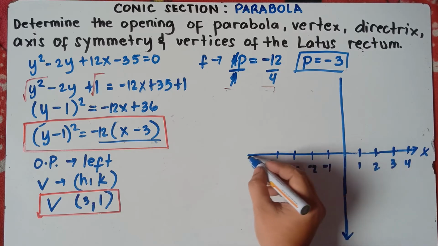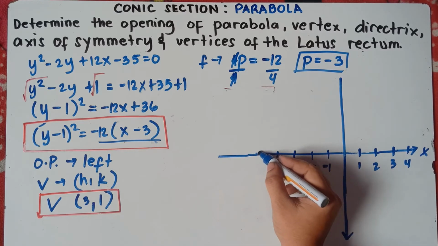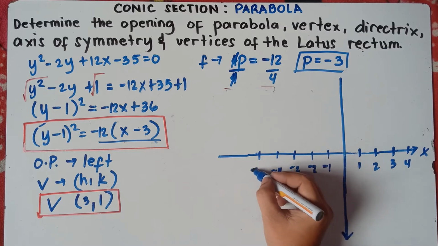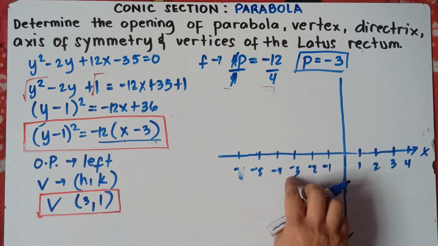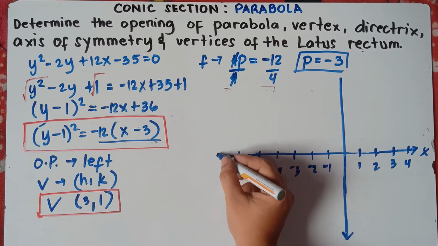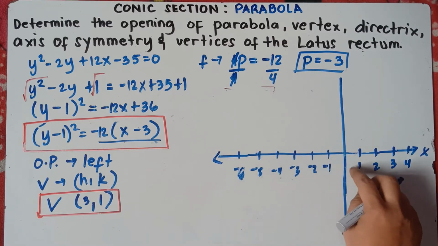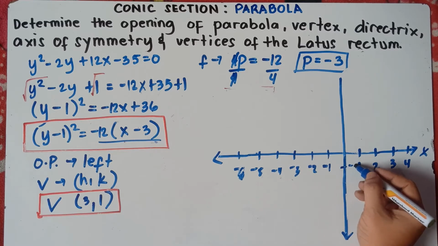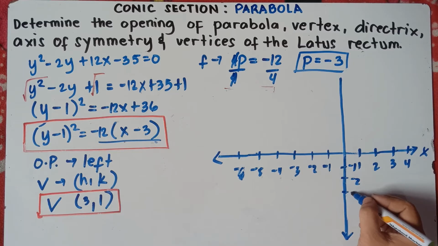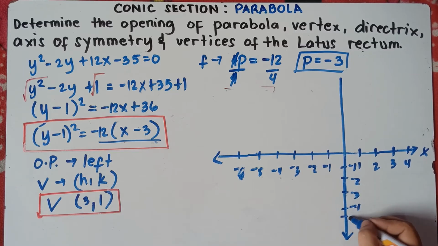Once again, if you want to know more about plotting points, feel free to see the link in the description down below. I will just put how to plot points. So we have 1, 2, 3, 4, 5, then 6. Let's just stop on 6. And for the vertical line downward, we have negative 1, negative 2, negative 3, negative 4, negative 5, negative 6.